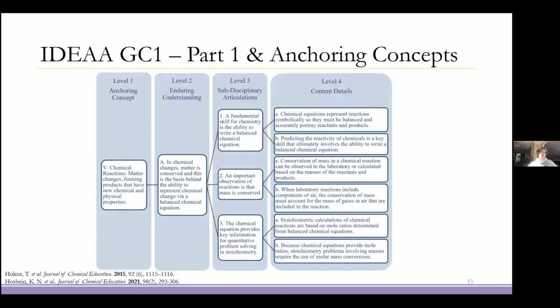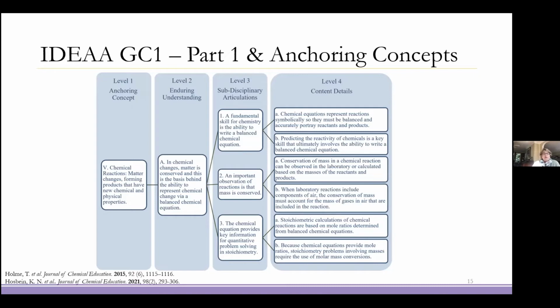So we use the anchoring concepts. This is out of the ACS. Katie's, we've cited Tom Holmes here. They have gone through the anchoring concepts and the ACS exams and identified a significant number of science practices that are represented in these.